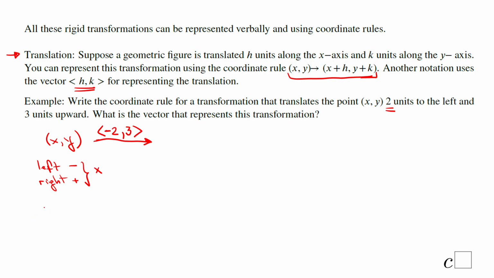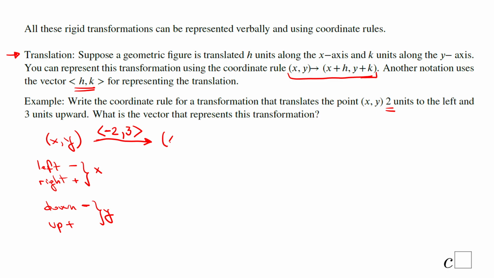Obviously, down means negative, and up means positive, and that goes with y. So you see that now here, I move left, -2, and I move up 3, and that is the vector notation.